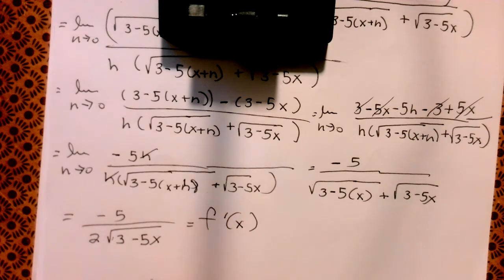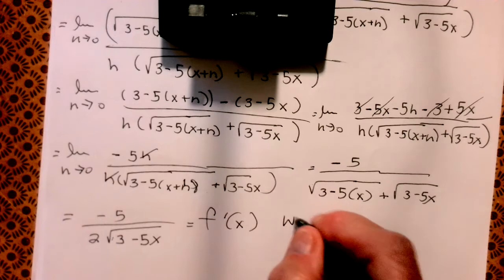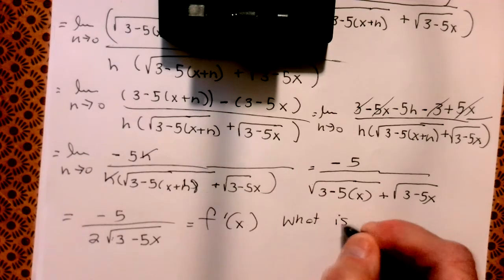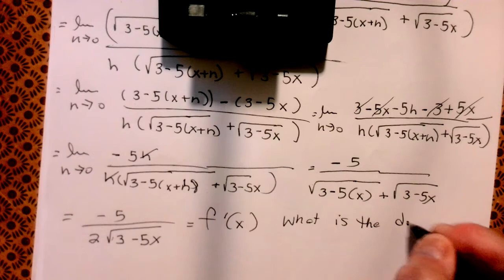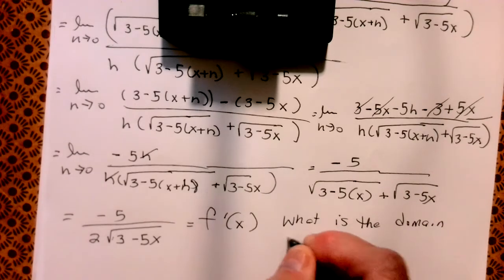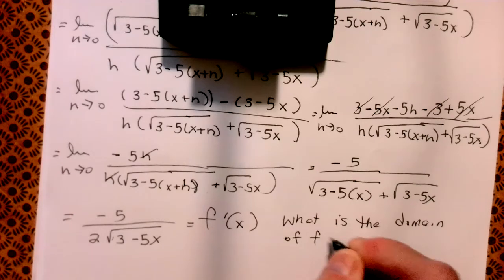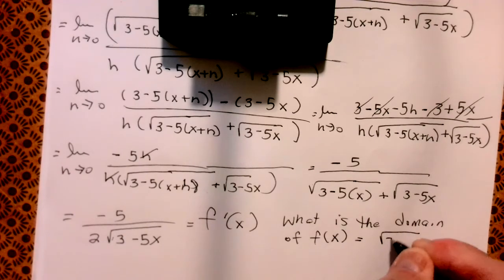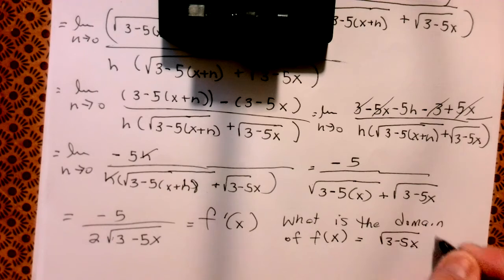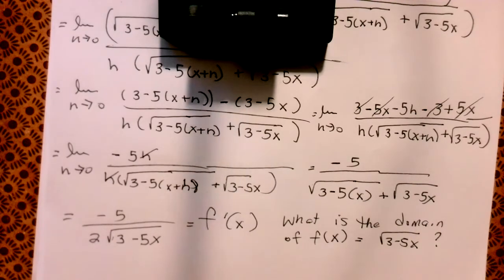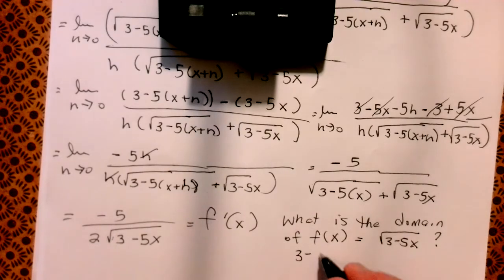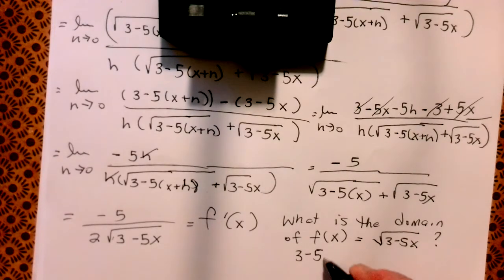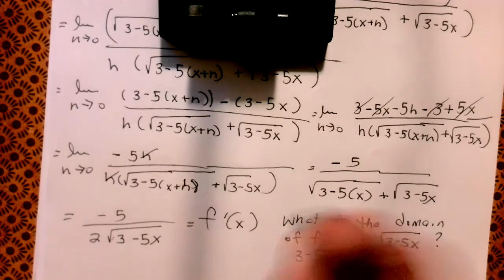Okay, now what is the domain? This was f of x. So if you remember back from college algebra, if 3 minus 5x is under a square root symbol or any even indexed root, then it has to be greater than or equal to 0, as long as it's not in the denominator.